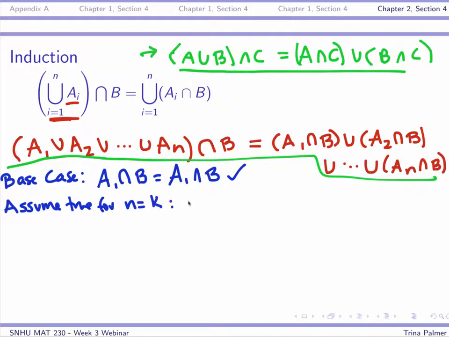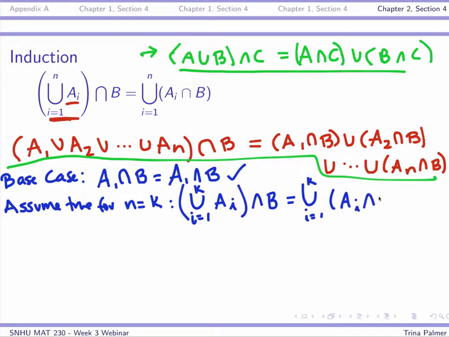So what that looks like is the union from 1 to k of AI intersect B is equal to the union I equals 1 to k of AI intersect B. So we're assuming that's true, and somehow we want to use that in here. Now we want to show it true for k plus 1.